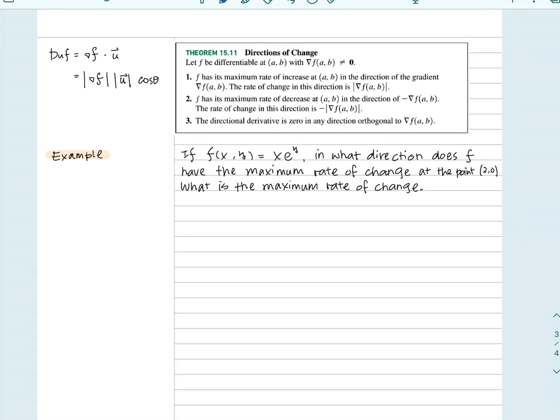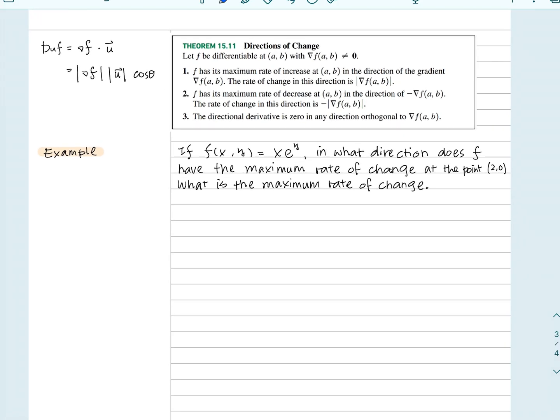So you can see directional derivative means rate of change of the function in the direction of u. And we got the formula, it's del f dot product u, and also the dot product has an alternative formula.